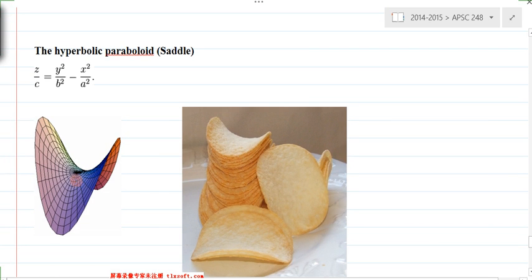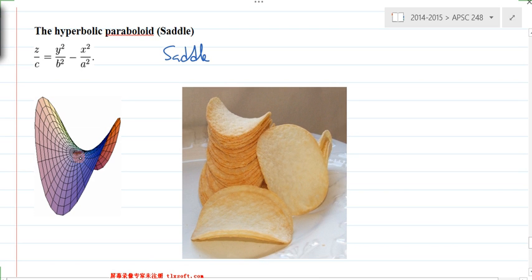And this one is called a hyperbolic paraboloid. A lot of the time, it's called a saddle, like a saddle for a horse. Why is it called a saddle? Because at this location, if you take a derivative, as we'll see next, the derivative is 0.